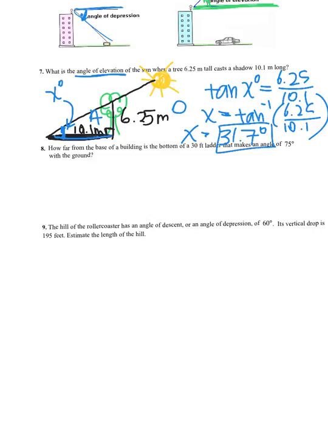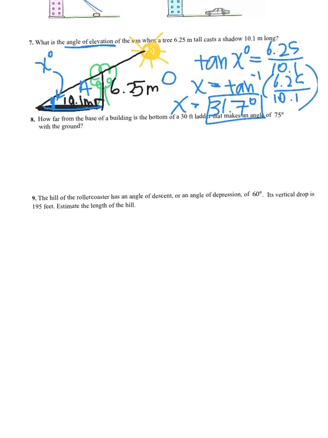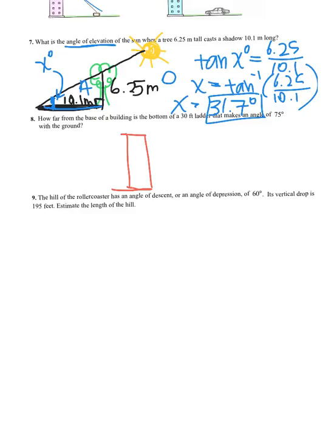Okay, let's try another one. So number 8: how far from the base of a building is the bottom of a 30-foot ladder that makes an angle of 75 degrees with the ground? All right, so let's draw this building. Okay, and there's the ground, and there is a ladder of the building.